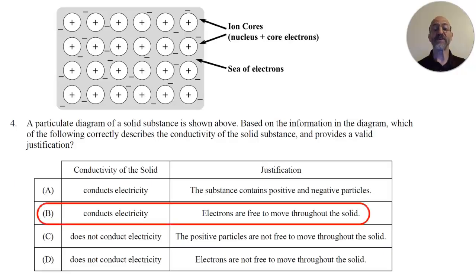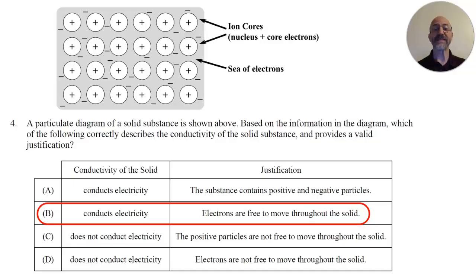So the problem with the justification in choice A is it doesn't explain enough. It simply says the substance contains positive and negative particles. And as we already saw in topic 2.3, the ionic solids contain positive and negative ions, but then those charged particles are in that rigid crystal lattice. They're not free to move around, and therefore ionic solids do not conduct electricity.